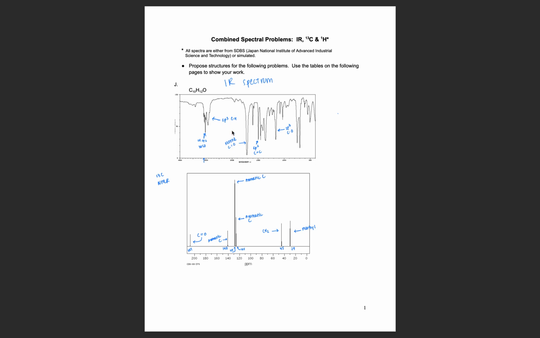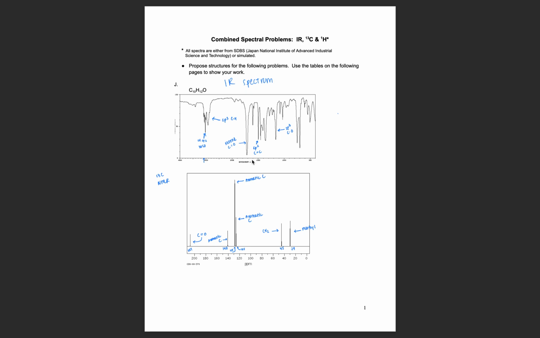And then this very strong and large peak right here is at 1710, 1715. That is our ketone. We have a carbon double bonded to an oxygen. And then this peak right here is at 1550.